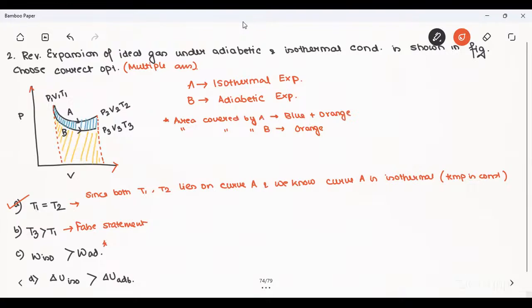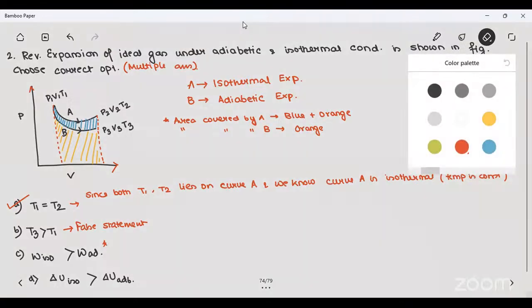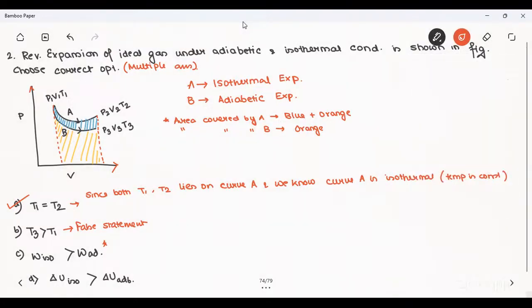But what is the basic formula? I told you, remember this, work done in expansion, you always get this value in negative. For expansion, you always get the work in negative. This is something we have learned in the sign convention. I am not going back because it will take me a whole year.